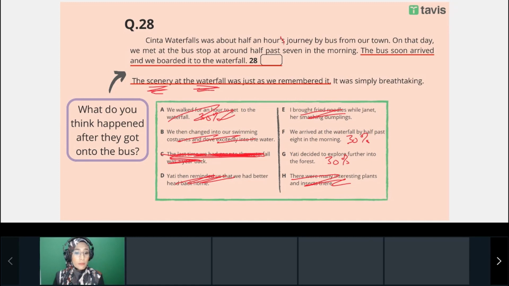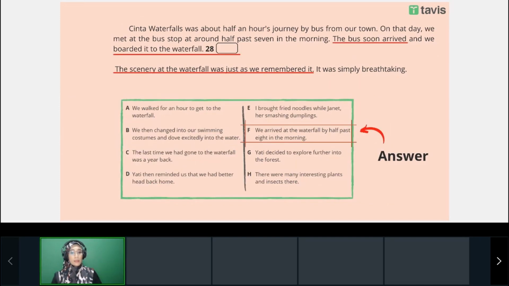They are still mesmerized at the waterfall. Therefore, we can assume that the best answer that fits here is the timing. They arrive at 8:30 in the morning. All right. So the answer would be F.